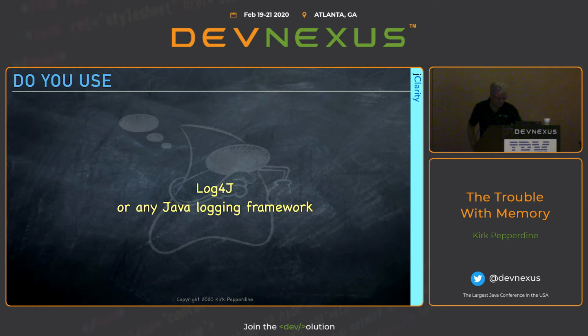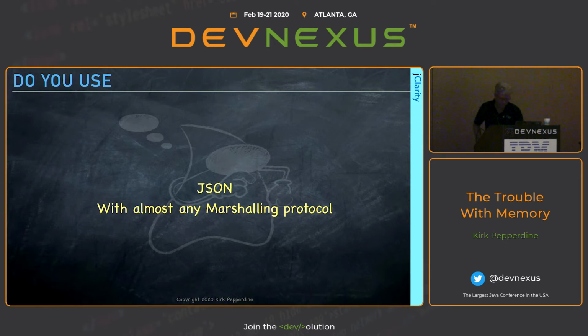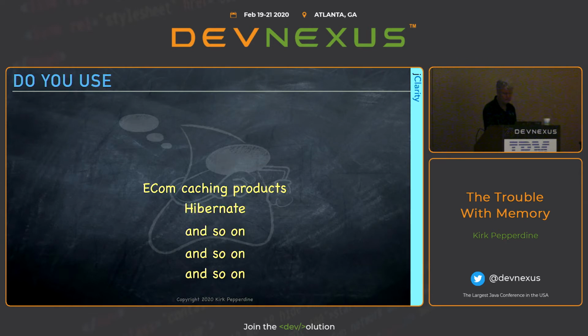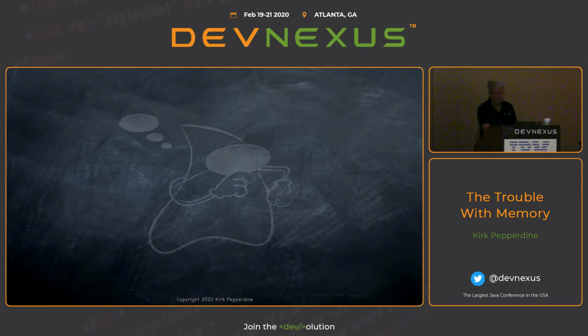It doesn't really matter, for any Java logging framework, the way they're written now. JSON? Anybody using any form of JSON? Yeah, who isn't? And the list of things goes on and on. One of the strangest things we saw recently: caching products, Hibernate, and so on. Any of these things, you're likely in the 70%.